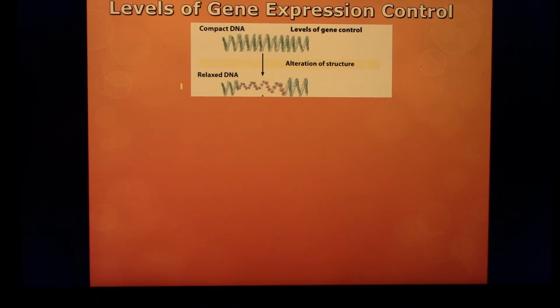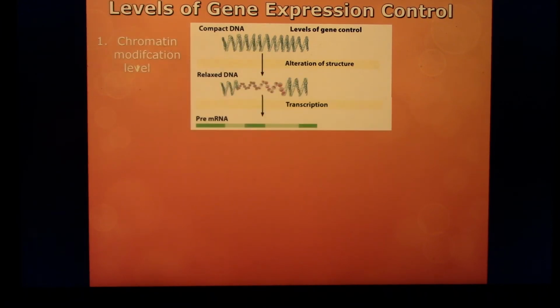We have yet to really discuss that process in our class, how that happens, and we'll be talking about that in chapter 21 with epigenetics. But we can go from compact DNA to relaxed DNA, and that's a level of control of expression known as chromatin modification. And I apparently did not spell modification correctly.